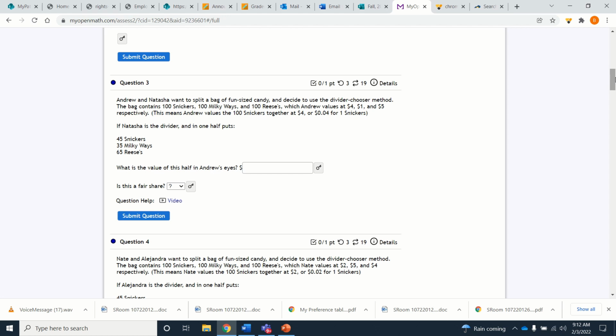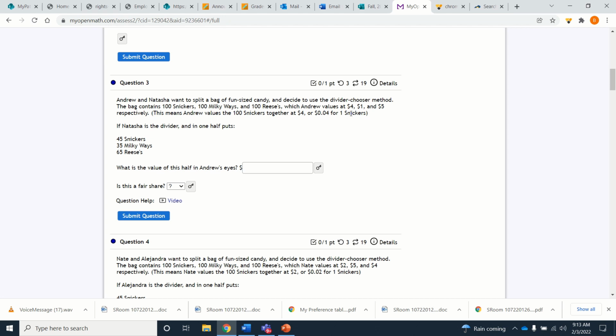So this means Andrew values the 100 Snickers together at $4 or 4 cents a Snicker, and same thing for Milky Way and Reese's. So Natasha's the divider, and she puts in 1/2 this amount right here. We want to know what this half is valued at according to Andrew's eyes.